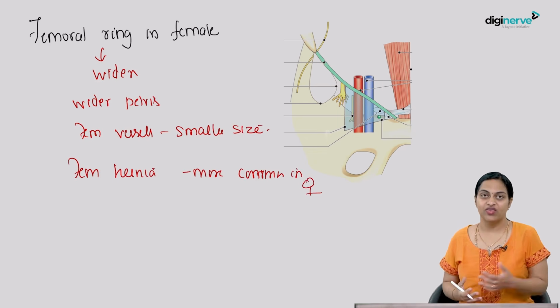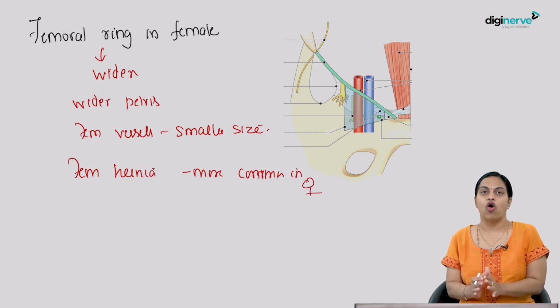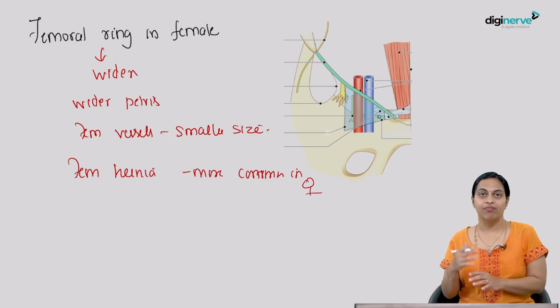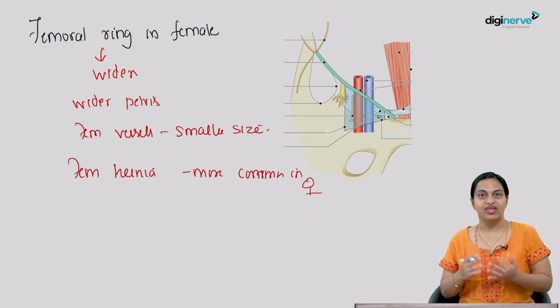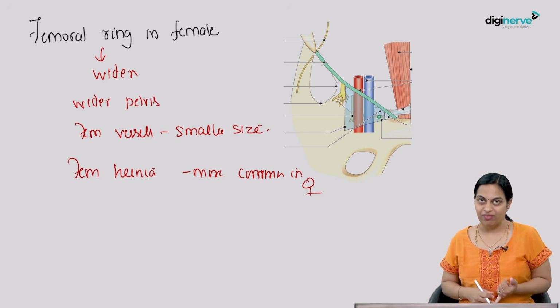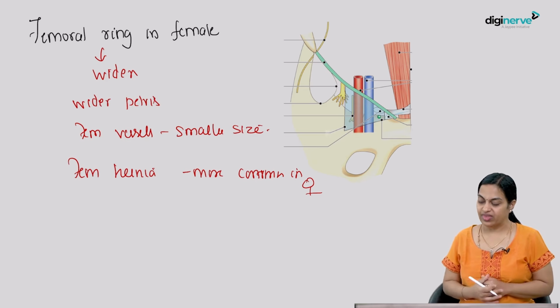But please understand, this was a recent NEET PG question asked. Inguinal hernia is common in males, and femoral hernia, compared to males, is common in females. The reasons are a wider pelvis, a wider femoral ring, and smaller size of the femoral vessels.